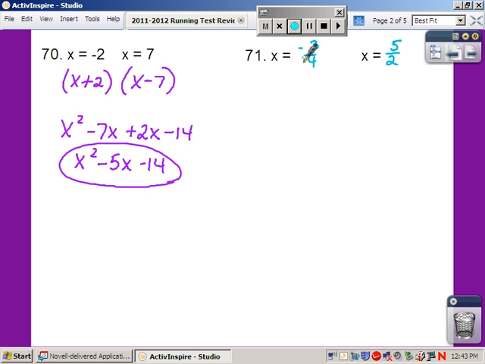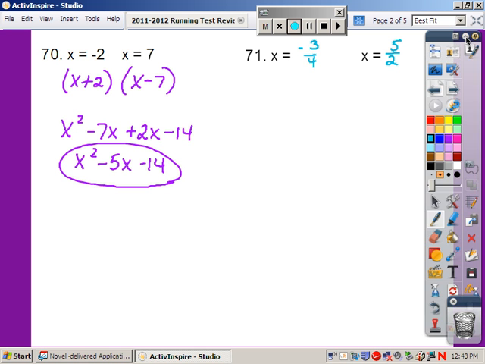So the first thing I would want to do is get rid of the 4 on the bottom by multiplying by 4. So I'm left with 4x equals negative 3, because these cancel. And then I'm just going to add the 3. So I have 4x plus 3 equals 0. When you get one of these things to equal 0, this stuff on the left is the factor. So that's one of the factors that I'm going to work with.